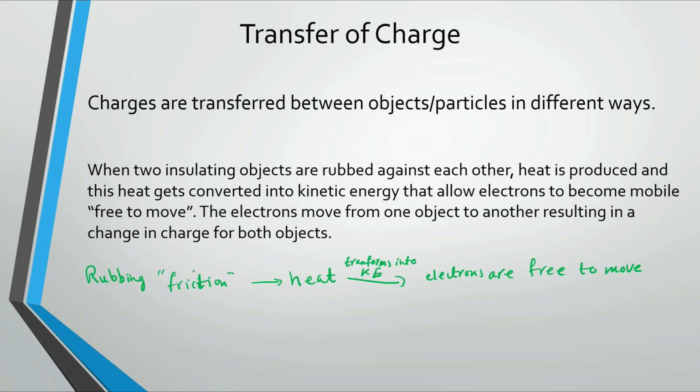Then one object, let's say object 1, loses electrons, and object 2 gains electrons.